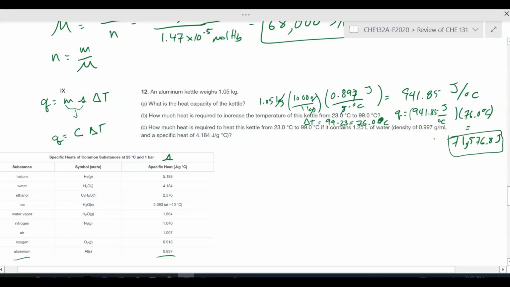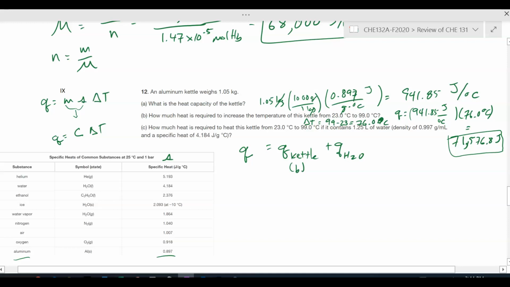Now, question C says, okay, we put 1.25 liters of water in the kettle first, so we heat it up again. So if we think about this, what we're doing is we're taking the Q for this is going to be equal to the Q for the kettle plus the Q for the water. And the good news is the Q for the kettle was in part B. We already figured that part out.